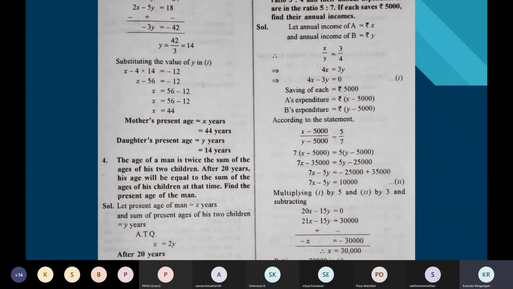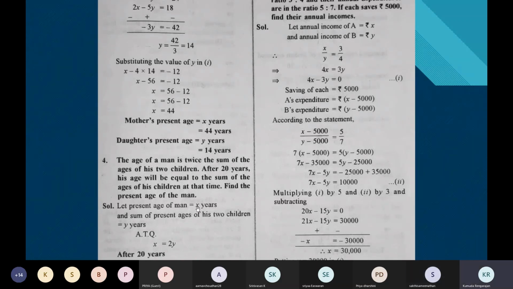Shakti, what makes you feel 2Y plus 20? Who is 2Y? The sum of the ages of the two children is Y. Now the sum of their ages is Y. Why are you taking 2Y? Okay, that is 2Y according to the condition we have framed: X is equal to 2Y.